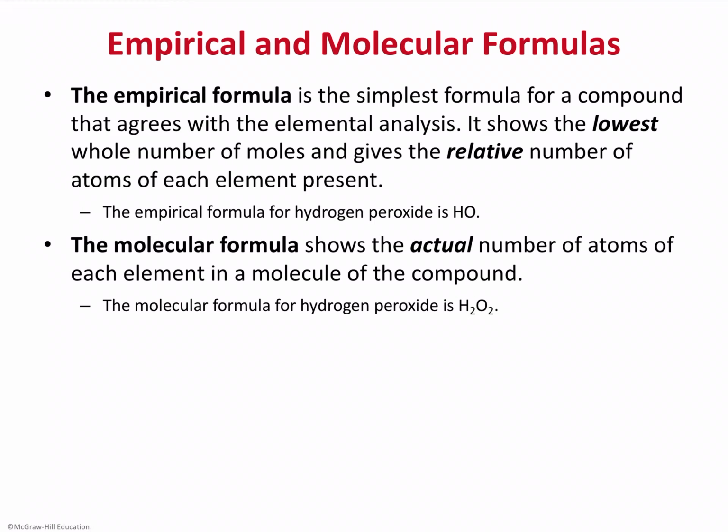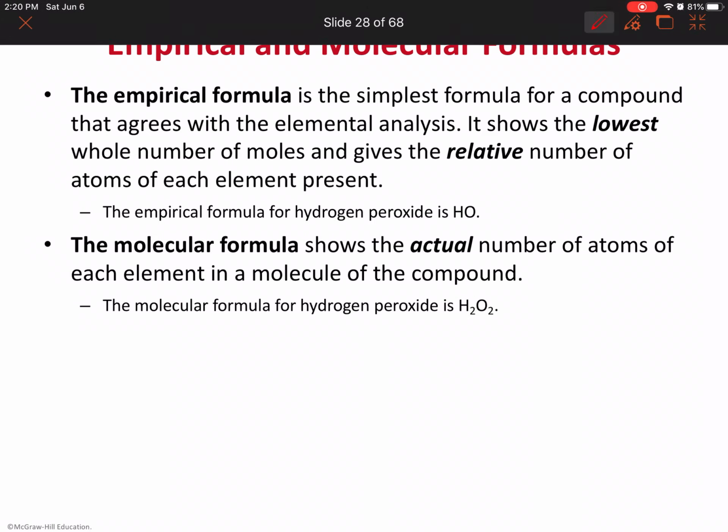Now we all know hydrogen peroxide, H2O2, that is the molecular formula of H2O2. Now the empirical formula of H2O2 would be the simplest formula for a compound that agrees with the elemental analysis. It shows the lowest whole number of moles and gives the relative number of atoms of each element present.